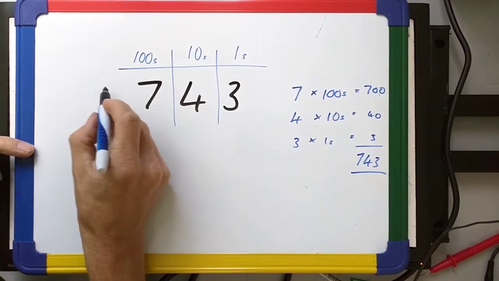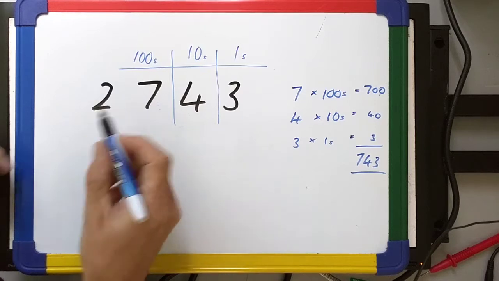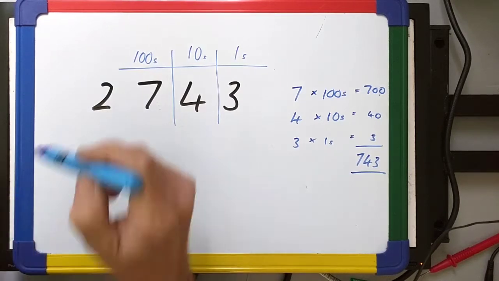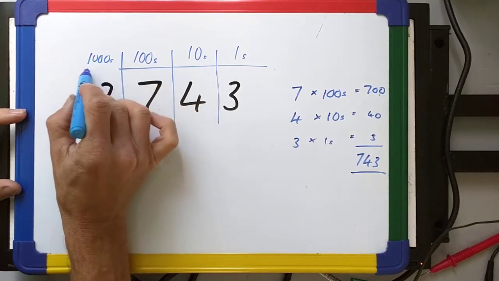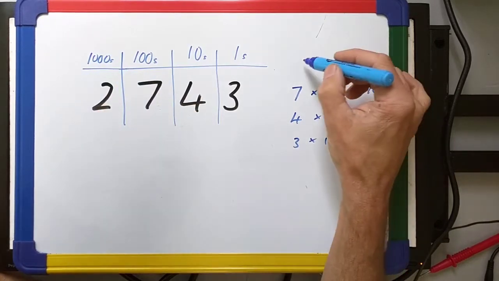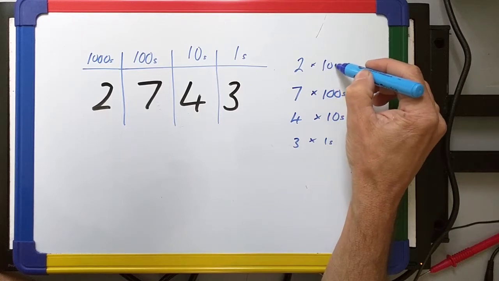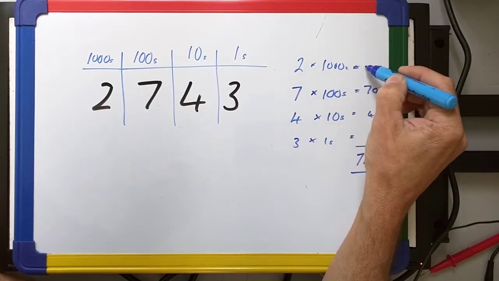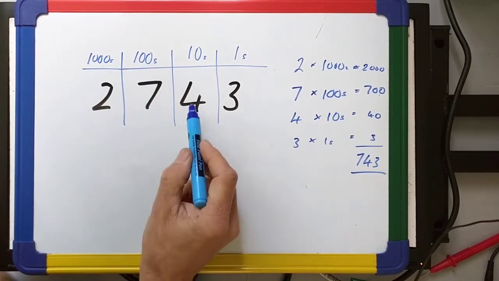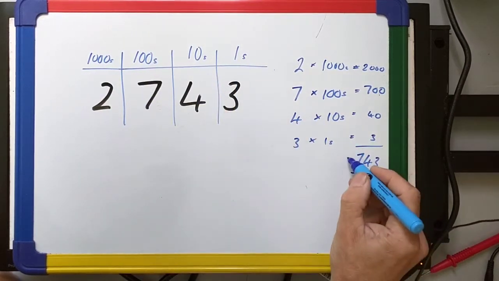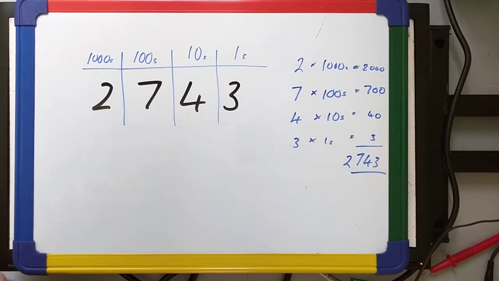And if there was another digit in front of this, let's say a 2 there, that would be thousands, and we would have 2 thousands added onto that. 2 thousands, 7 hundreds, 4 tens, 3 ones. 2,743.